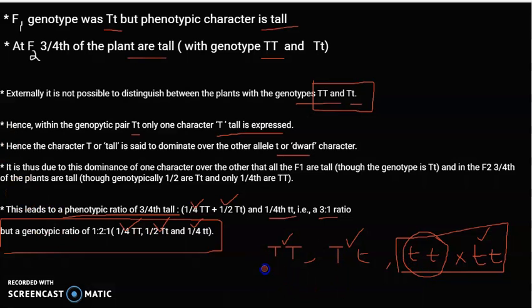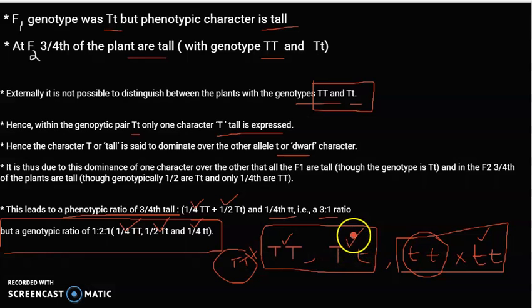So if he had done self-pollination for capital T capital T and capital T small t, what would have been the result, right? If he carried out self-pollination with capital T capital T, he will get only homozygous tall plants in the consecutive generations.